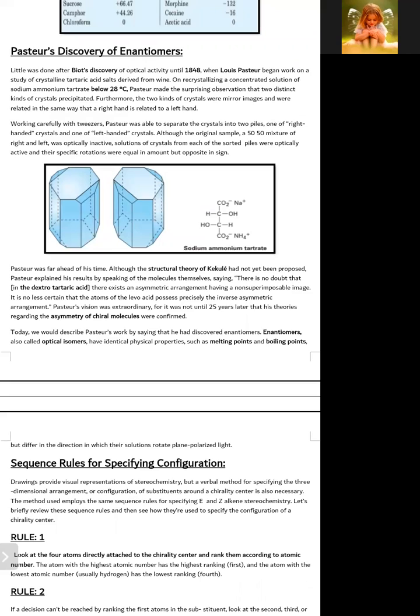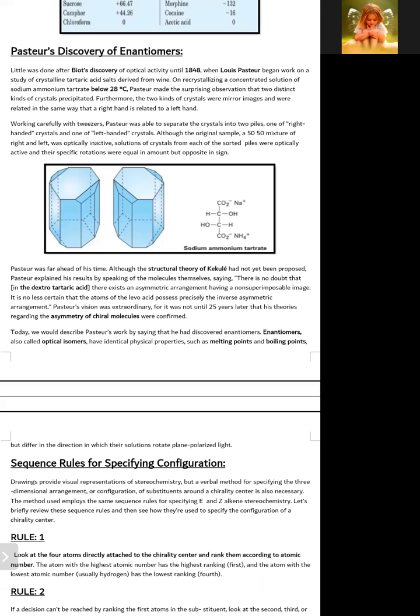It is no less certain that the atoms of the levo acid possess precisely the inverse symmetric arrangement." Pasteur's vision was extraordinary, for it was not until 25 years later that his theories regarding the asymmetry of chiral molecules were confirmed. Today we would describe Pasteur's work by saying he had discovered enantiomers.